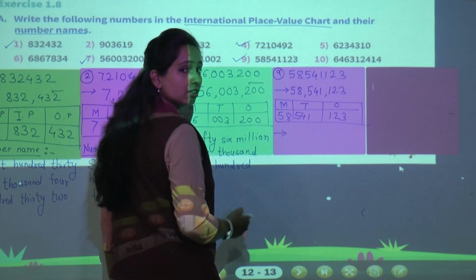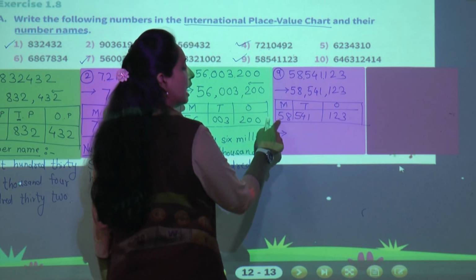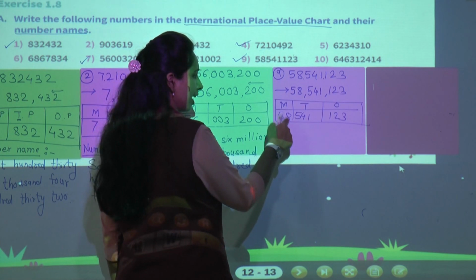So now we will write the number name of the given number. How will we read this number? 58 million.